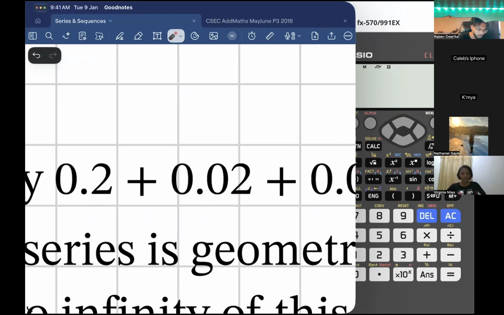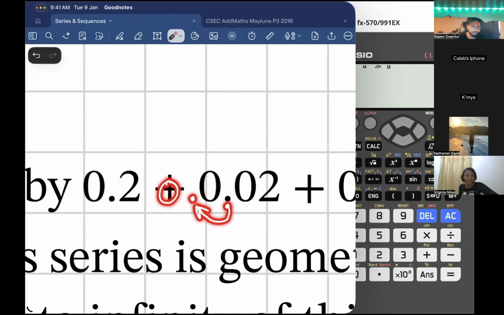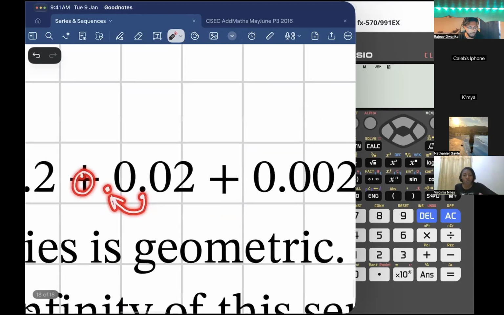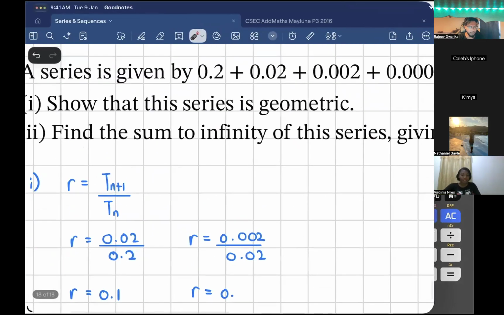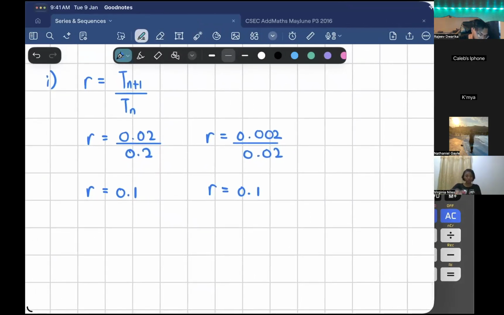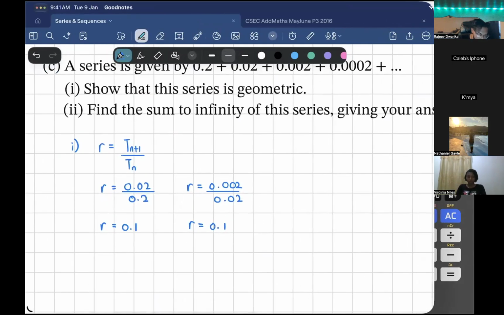If I shift this decimal place one space to the left, it becomes 0.002. Just by looking at it, do you all understand why it's 0.1? Yes, sir. Cool. And we would have just shown that it is a geometric progression because it has a common ratio.